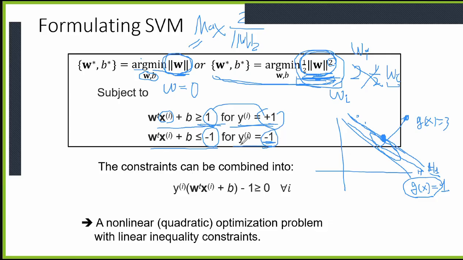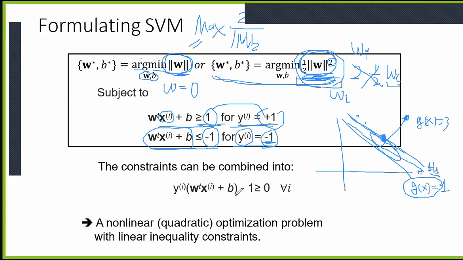So if the product of these two terms is greater than or equal to 1, that means the data point, regardless of whether it's in the negative or positive class, is correctly classified.